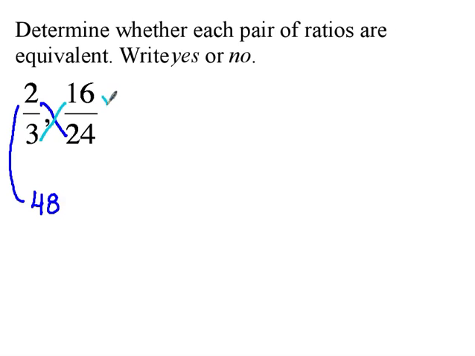Some of you might think this is real similar to cross multiplication, and it is. So I'm going to take 3 times 16, and what do I get there? What is 3 times 16? Close. 48. Now I'm going to compare those two numbers. So are these two ratios equivalent? And the answer is yes. They will be equivalent if those two numbers match. If they don't match, they're not equivalent.